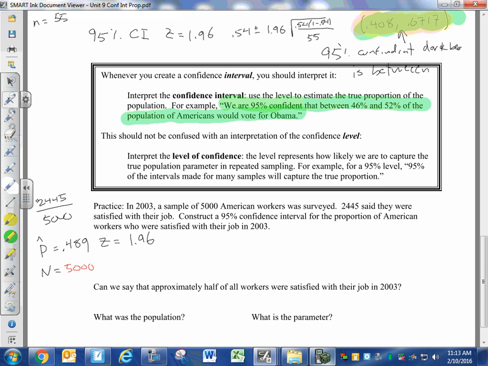Well, I got negative 1.7. No. Remember, this comes first, then plus the value. This comes first, then minus the value. So you got to do 0.489 minus that in that order. I got you.